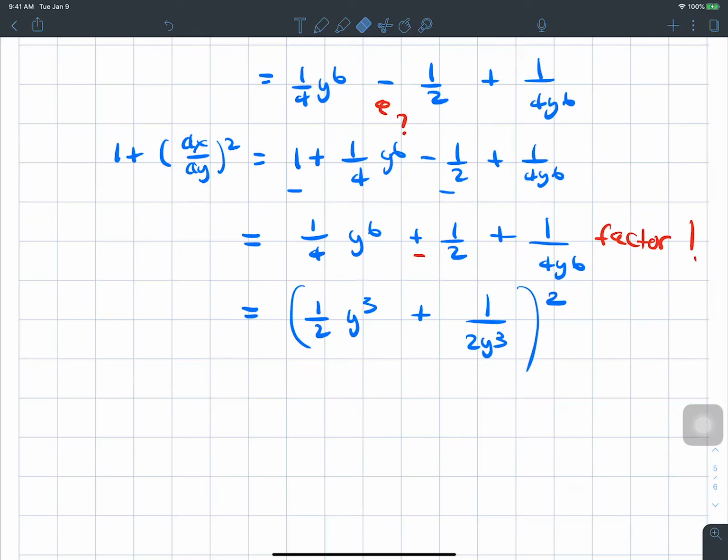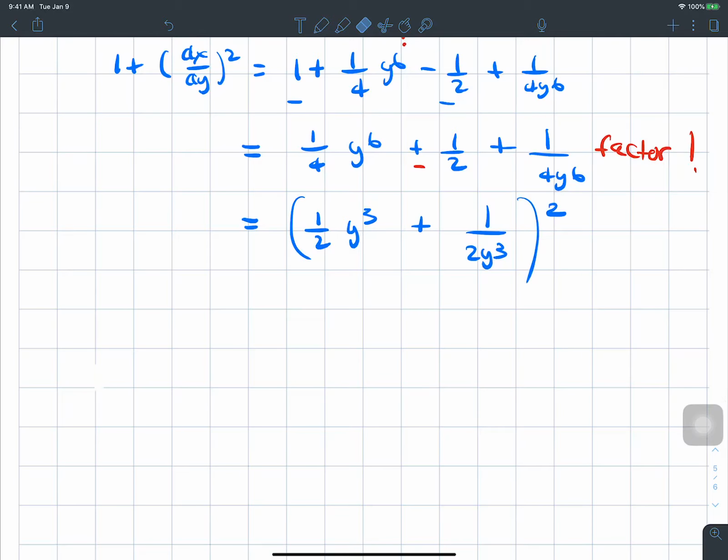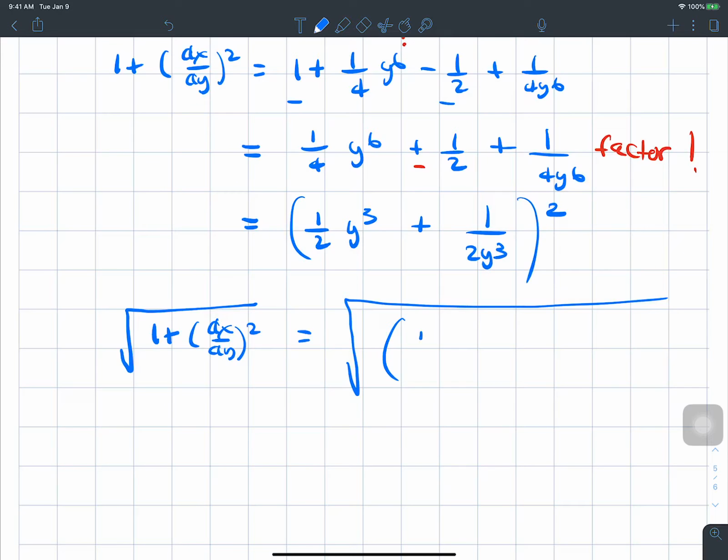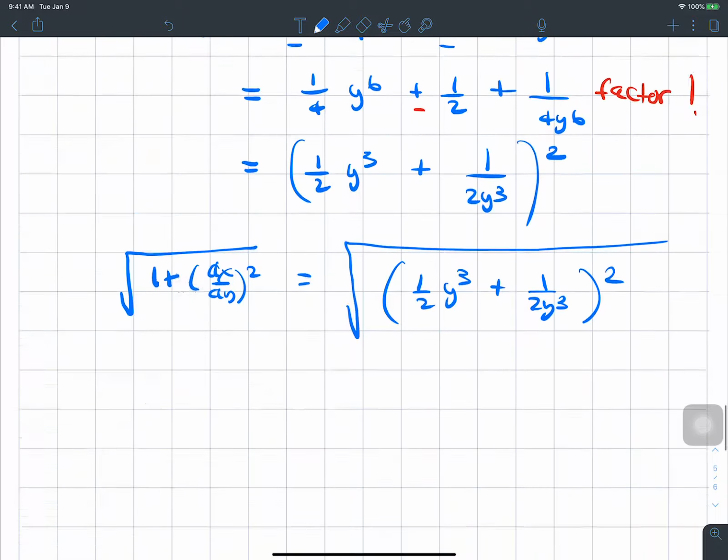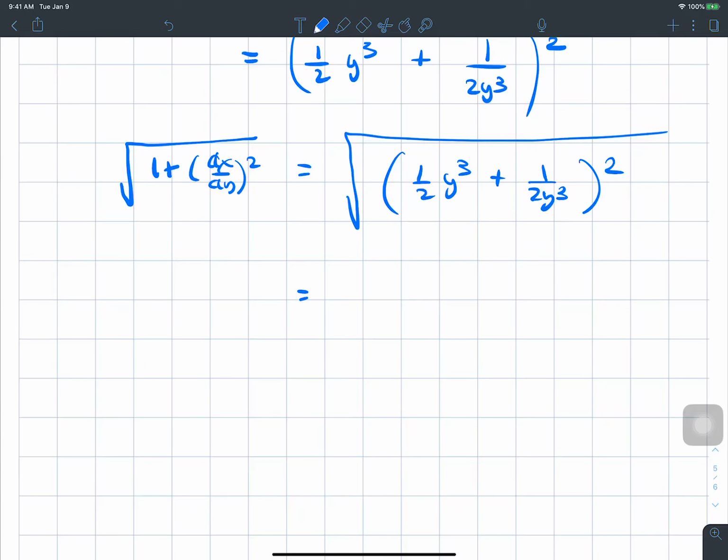Let's try to do this here. The square root of 1 plus (dx/dy) squared becomes the square root of (1/2 y cubed plus 1 over 2y cubed) squared, which is the absolute value of 1/2 y cubed plus 1 over 2y cubed.